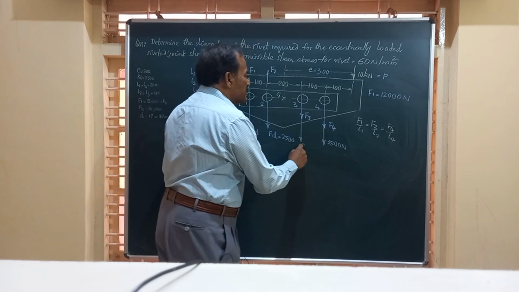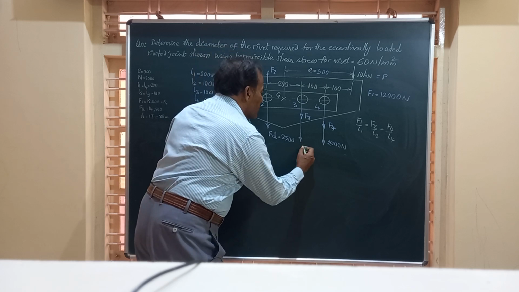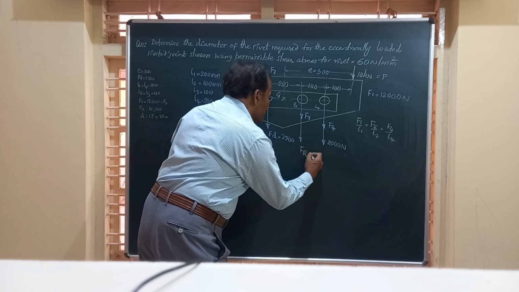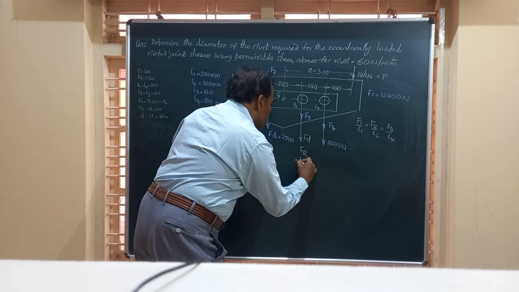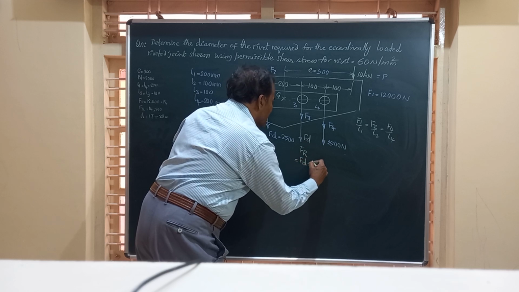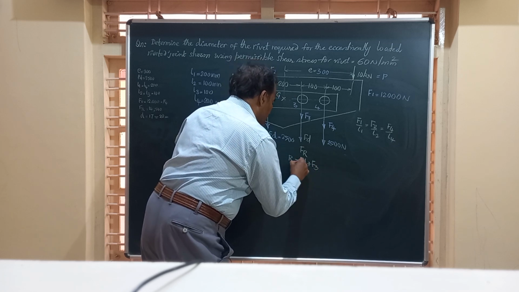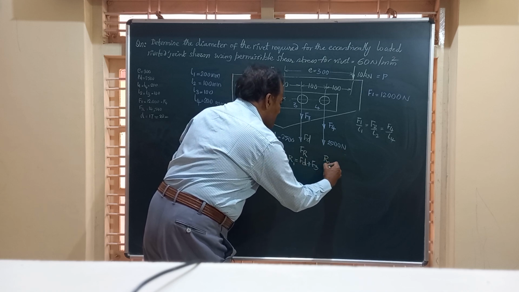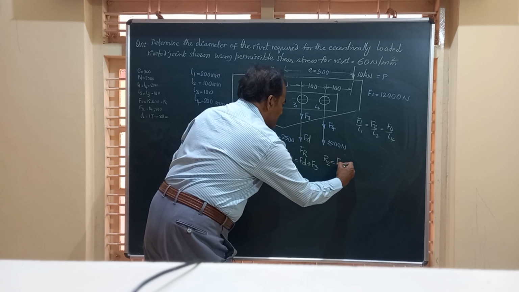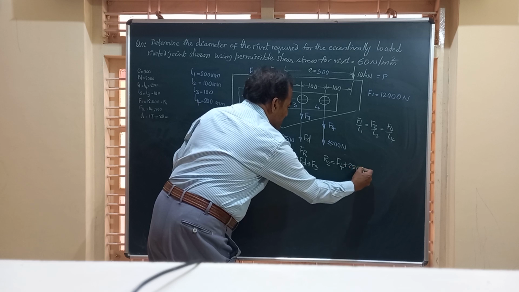Here, friends, at rivet number 3, the resultant load, I will call this Fr, is equal to FD plus this Fr3 or F3. And finally, friends, the resultant load at this point, say R1, will be F4, the secondary load, plus the direct load 2500.